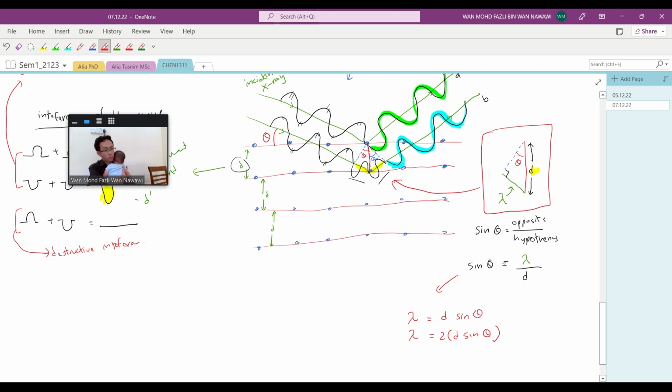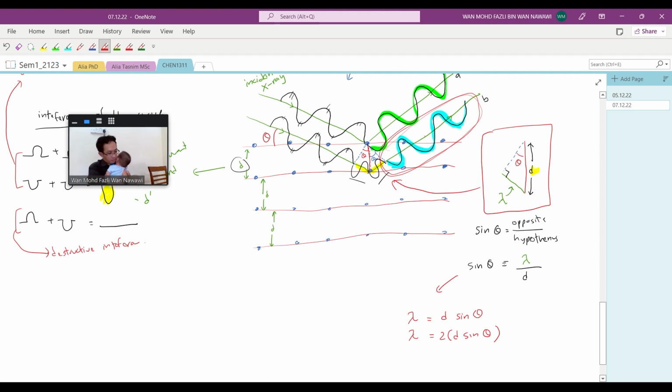Now I want to talk about this lambda. In order for the reflected wave to be similar to the reflected wave on the top, whatever is in this yellow region, the wave must be full.